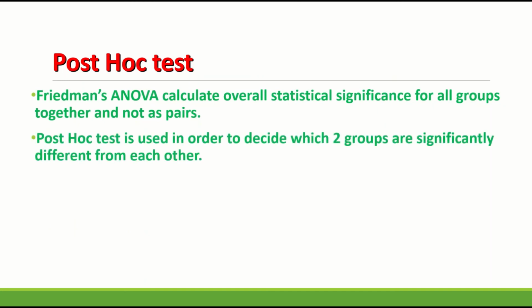And the post hoc test is used to decide which two groups are significantly different from each other. So once you do the Friedman ANOVA test, you need to follow it up with either post hoc or Wilcoxon signed rank test to find out which two groups are significant and which are not.